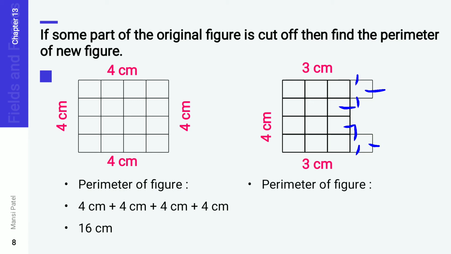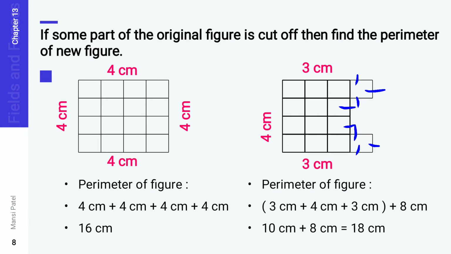So the perimeter of this figure is equal to 3 centimeter plus 4 centimeter plus 3 centimeter. So 3 plus 4 is 7, 7 plus 3 is 10, 10 centimeter plus 8 centimeter is equal to 18 centimeter. This is the perimeter of the new figure.